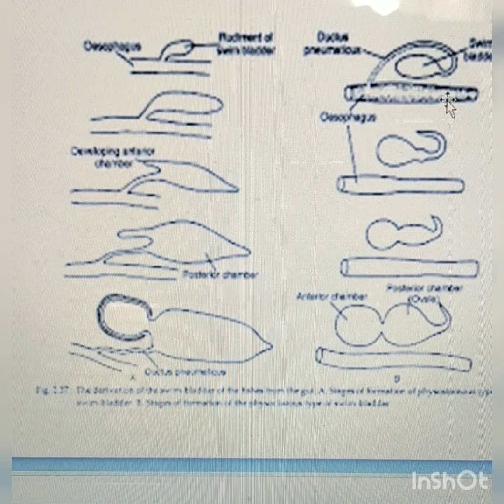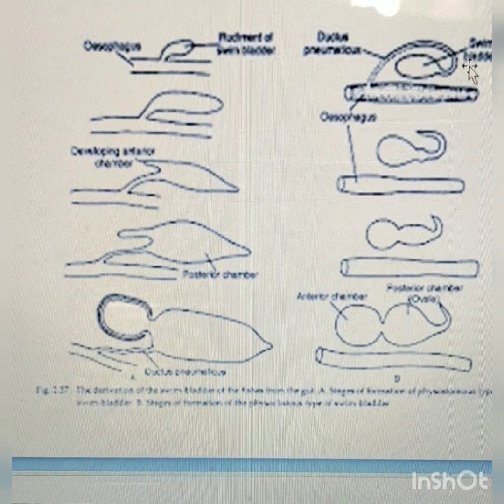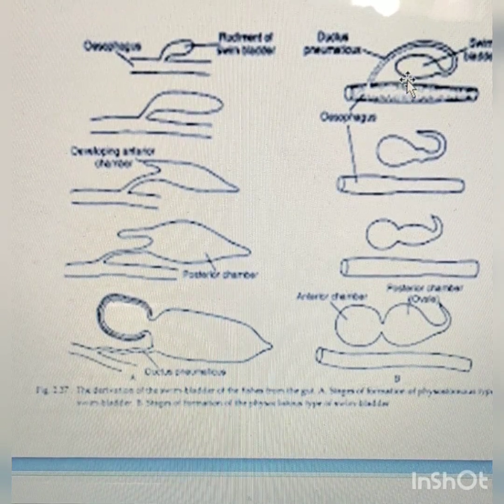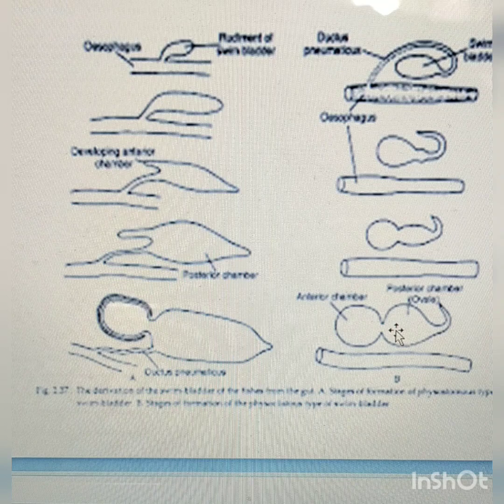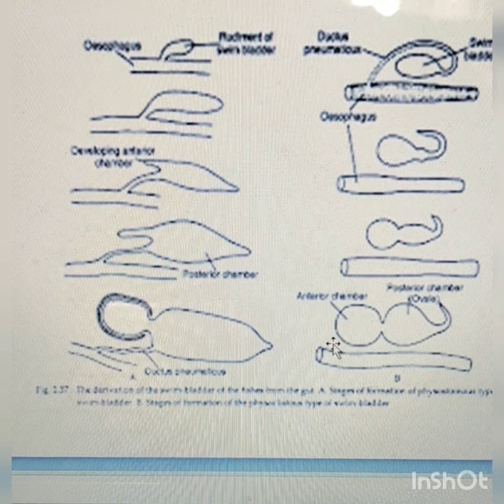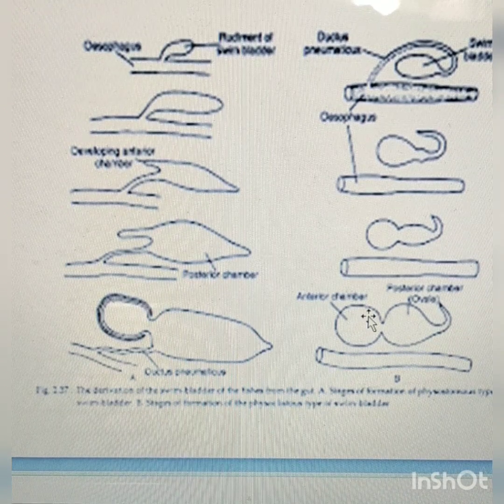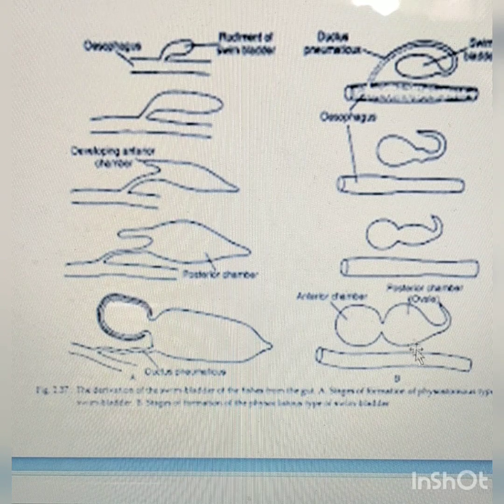But in case of physoclistus type, initially there was a connection between the swim bladder and the esophagus, but the connection is atrophied, and after development there is no connection between the swim bladder and the gastrointestinal tract.